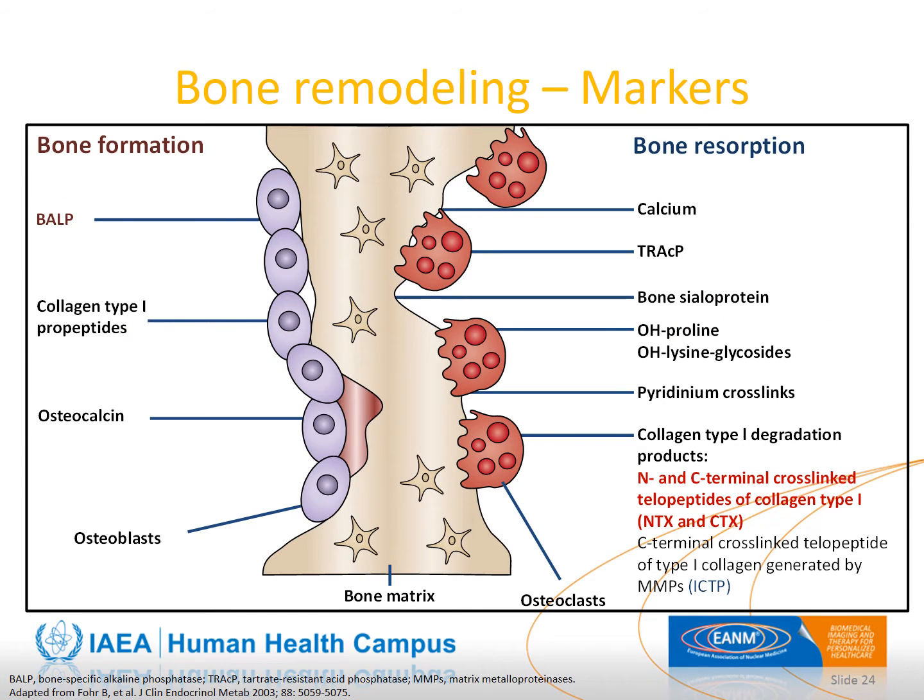As illustrated on this slide, the most frequently used markers of bone resorption are the nitrogen and carbon terminal cross-linked telopeptides of collagen 1, called NTX or CTX, which can both be measured in serum and urine. However, the clinical use of these markers has been hampered by the fact that they are influenced by age, nutrition, and other confounding factors, making it difficult to standardize.